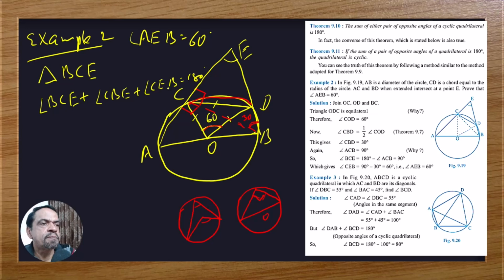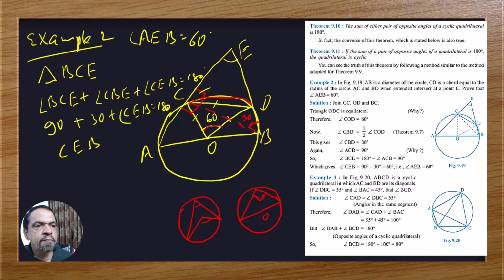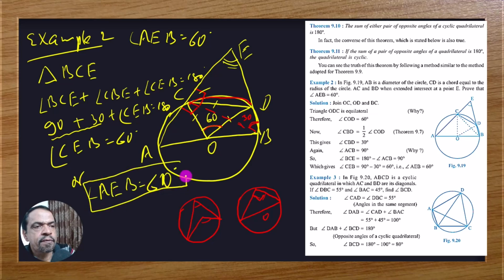So BCE is 90 degrees and this is 30 degrees, plus CEB we have to find. So CEB is equal to 180 minus 90 plus 30, which is 120, so it will be 60 degrees. CEB we can name AEB, they are the same thing, 60 degrees, hence proved.